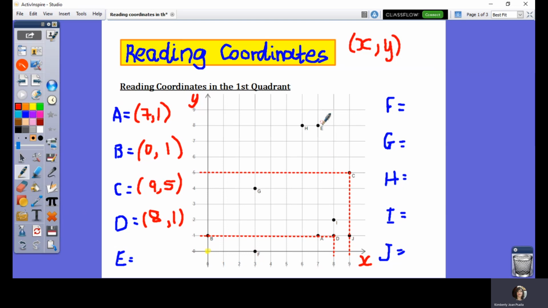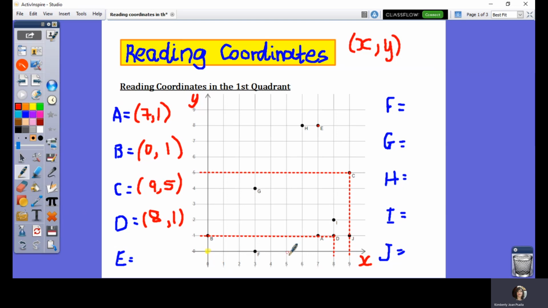Now, let us find the location of E, which is up here. I'm not going to draw a dotted line. By now you should understand more how to move. You can use your finger to move along the x-axis and then the y-axis. So how did he move to get to E?